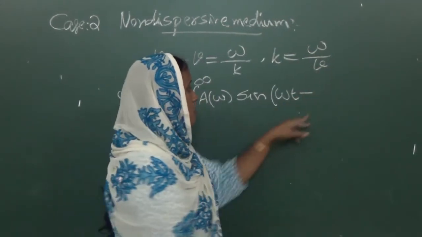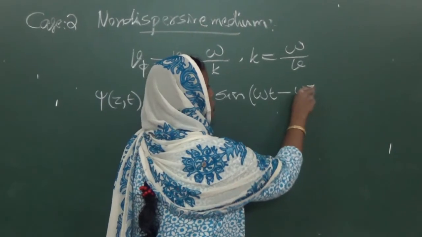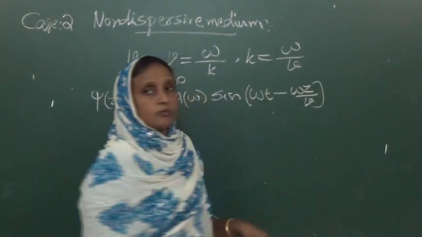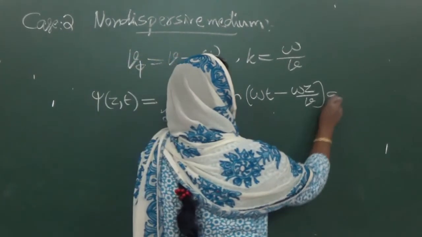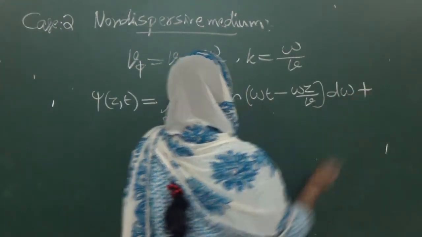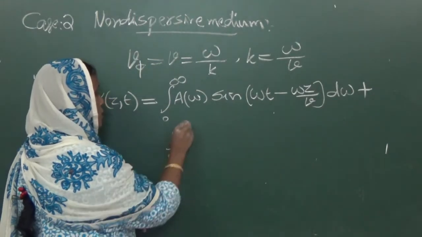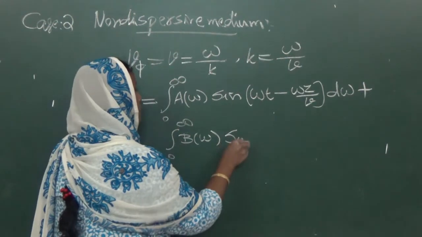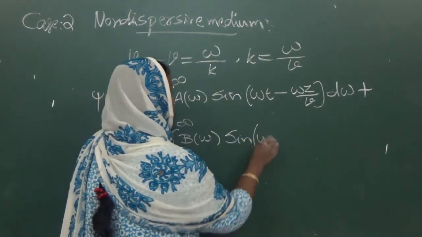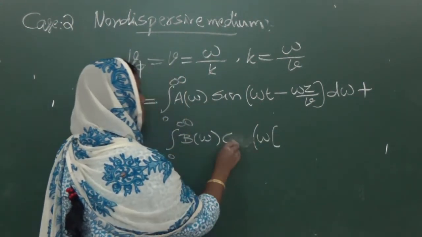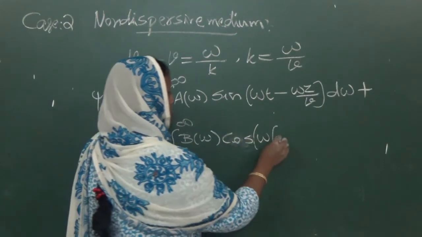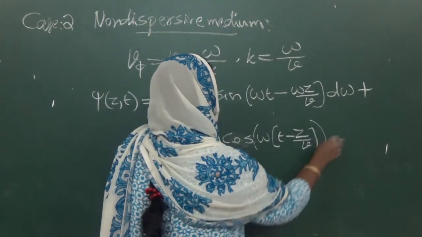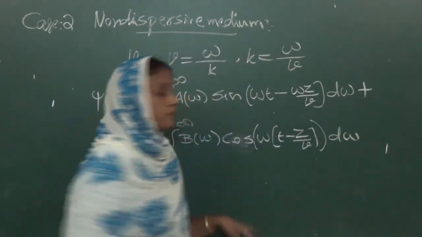Substituting this here, you get omega z by v d omega plus integral 0 to infinity b of omega cos omega t minus z by v d omega.